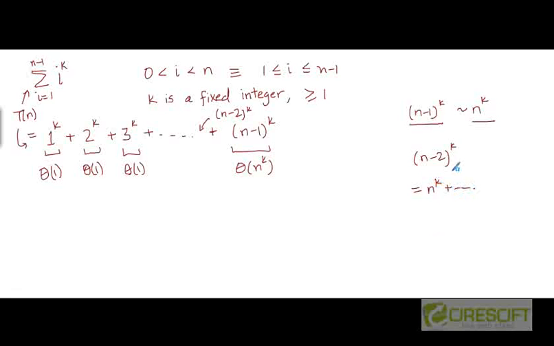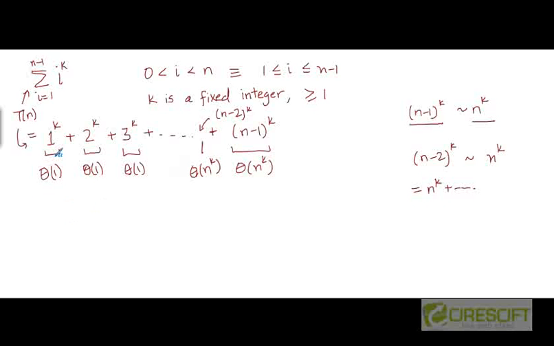And that's what we expect, that the rate of growth of this will be n to the power k, because n minus 2 to the power k shouldn't be that different from n to the power k for large values of n. So this term also has a complexity of theta of n to the power k. The same applies to the third last term, which is n minus 3 to the power k.